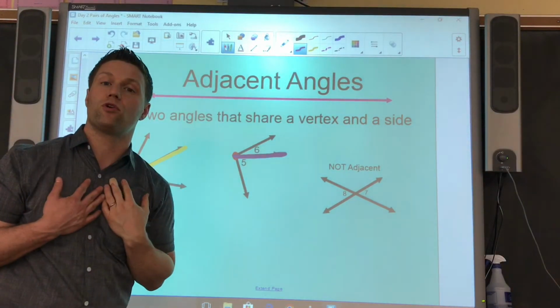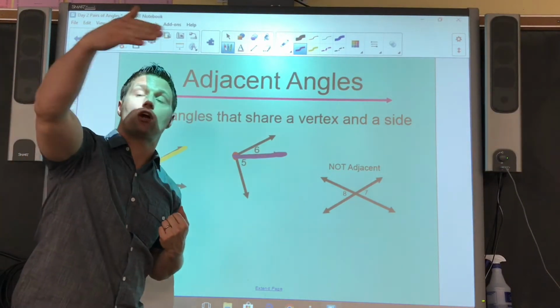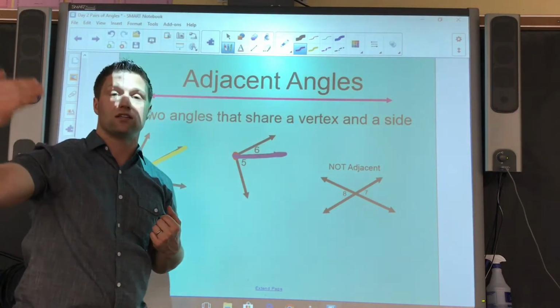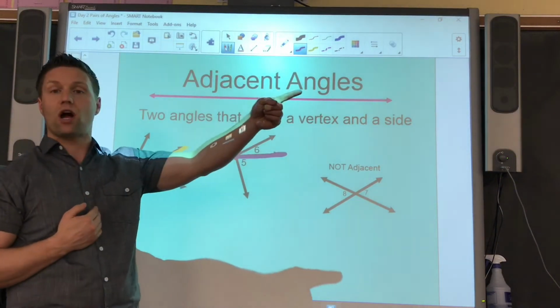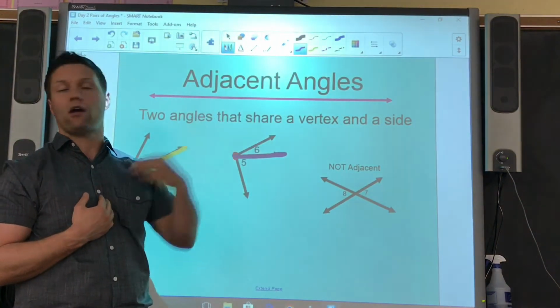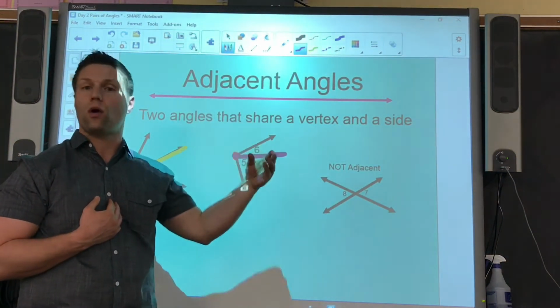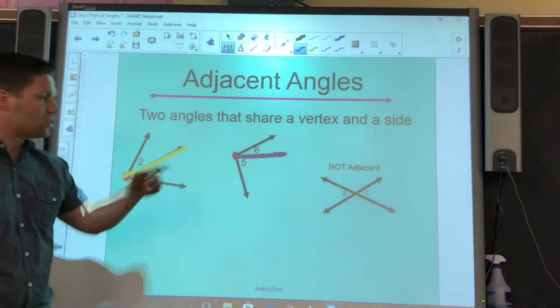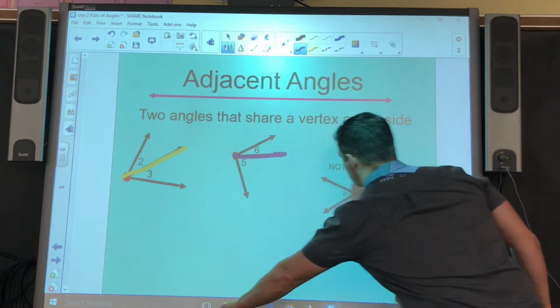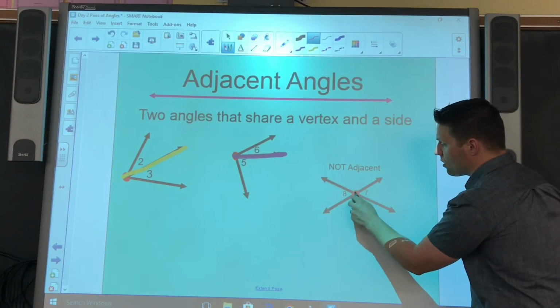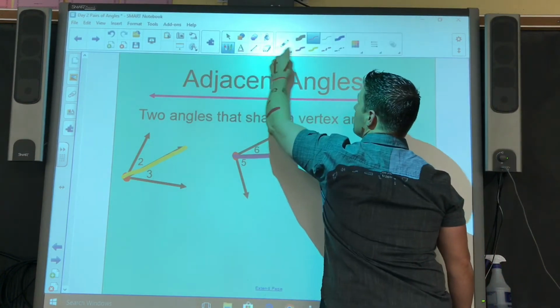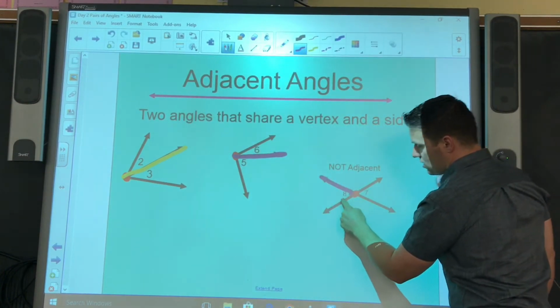It's sort of like my room and the room next door. We share that wall that splits the two of us, so we would be adjacent classrooms. Not someone across the hall, because we don't share any type of wall. There's a hallway in between us. That same thing happens with these 2 over here that are not adjacent. Look right here. They share a vertex, but the sides that are on angle 8 are this one and this one.